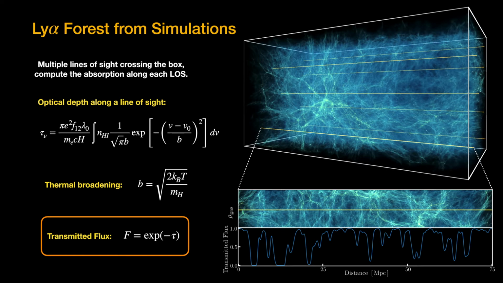Here I show how we trace multiple skewers crossing the simulation box, and along each skewer we compute the optical depth, which is proportional to the neutral hydrogen density multiplied by a Gaussian profile, and the width of the Gaussian is set by the thermal velocities of the gas. Then we compute the transmitted flux along the skewer from the optical depth, and the bottom panel of the image shows the flux along this particular skewer on the top.